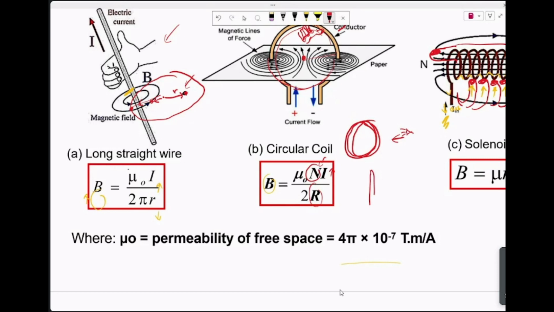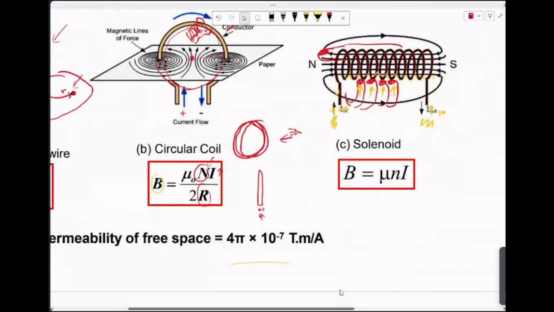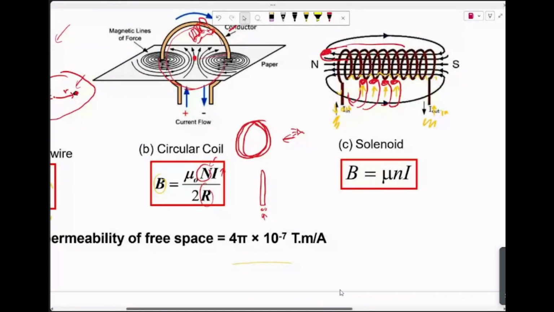But from this perspective, this length is negligible, meaning it's not thick. Because once you have a significant length for this, it becomes a solenoid. Then the magnetic field is no longer something you can determine in such a way that the magnetic field will be uniform.